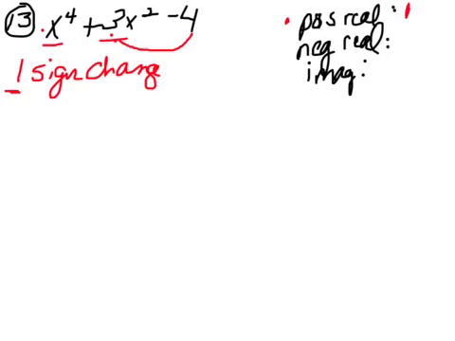For the negative real roots, and I'll do that in a different color so you can kind of keep track of what we're looking at, everywhere you see an x, you plug in a negative x. Now, if you think about this, are we going to get the same result as before? Oops, I forgot to put my square there.